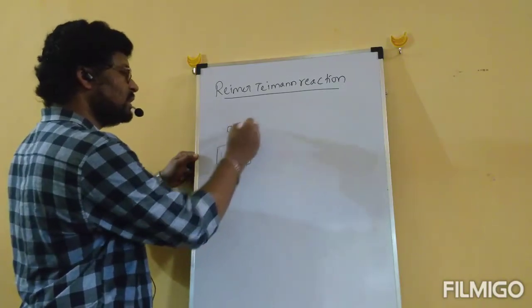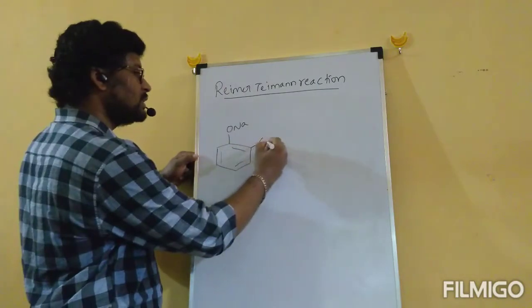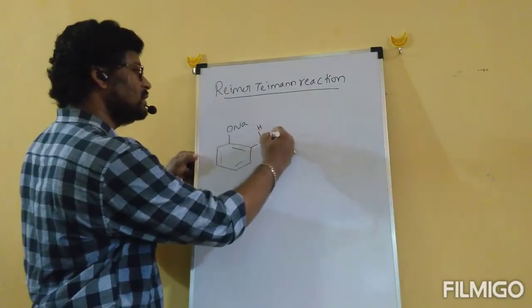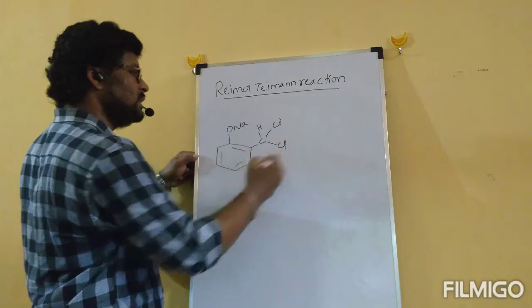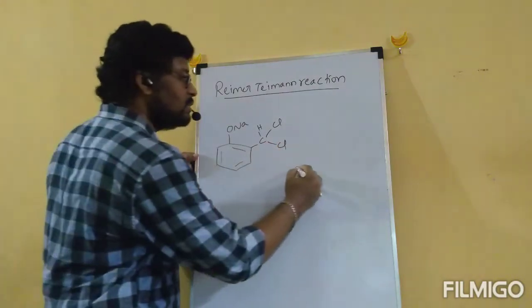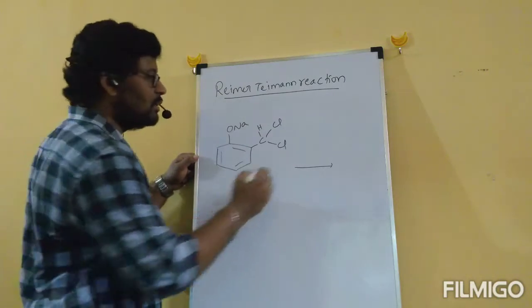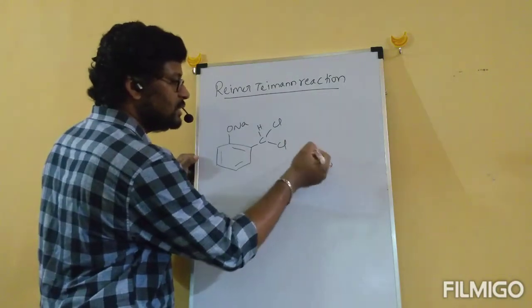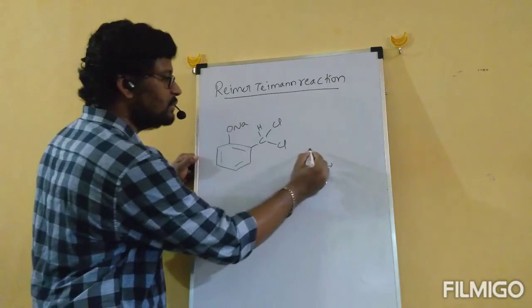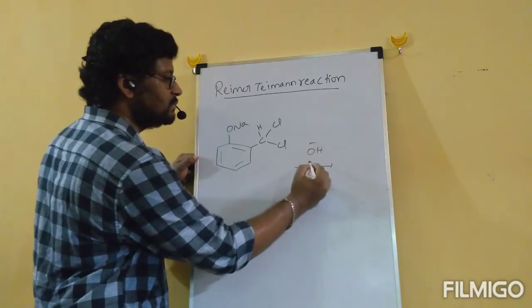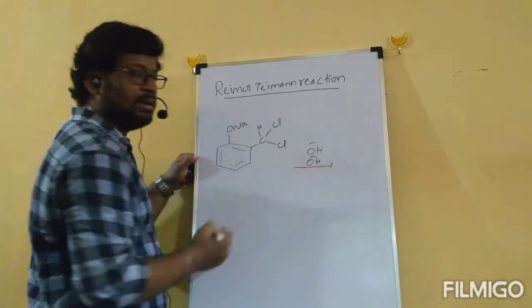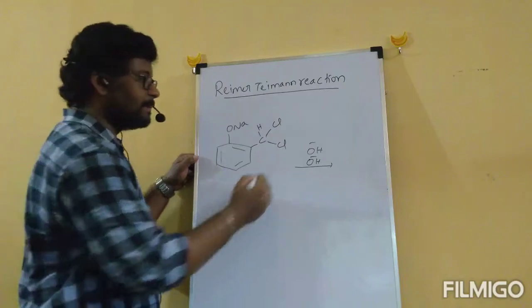The sodium phenoxide with CHCl2 is going to be hydrolyzed in presence of NaOH. In presence of NaOH, water will give OH minus ions as well as H plus ions.